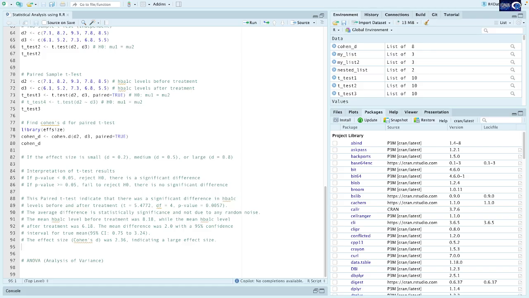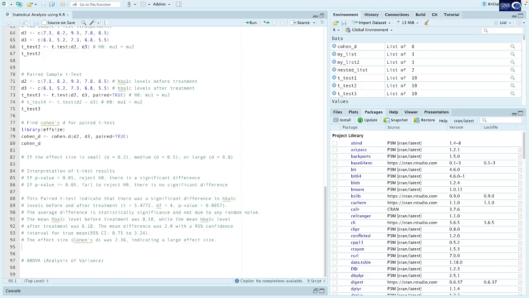So that is the degrees of freedom we have, and similarly we can interpret the two-way ANOVA as well.